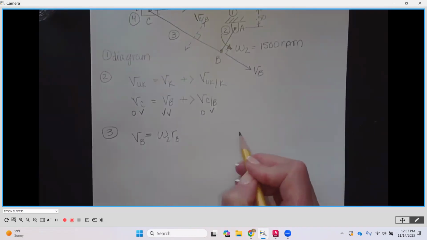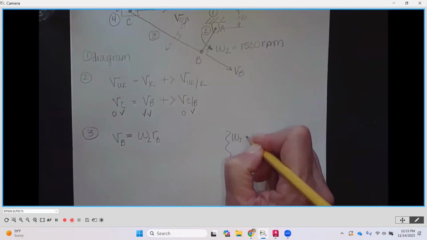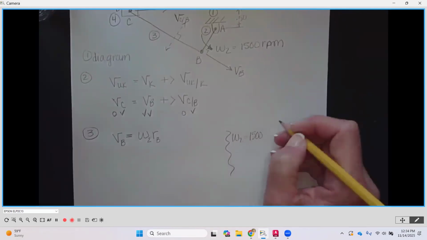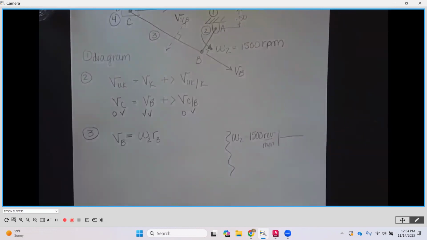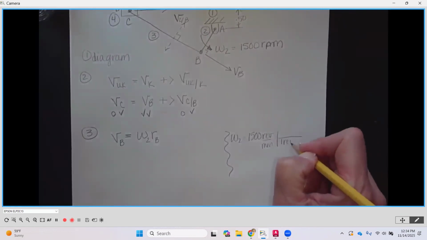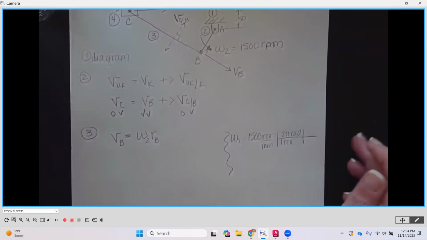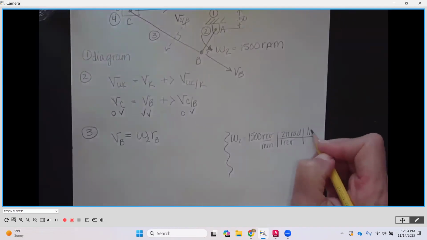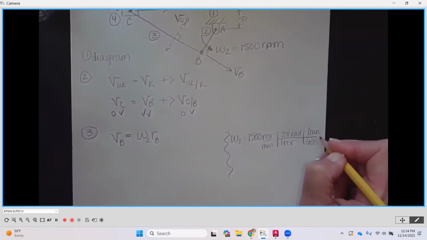So over on the side here, I am going to do my conversion for W2, which is equal to 1,500 revolutions per minute. And I need to convert that to radians per second. So I know that 1 revolution is equal to 2 pi radians, and 1 minute is equal to 60 seconds.